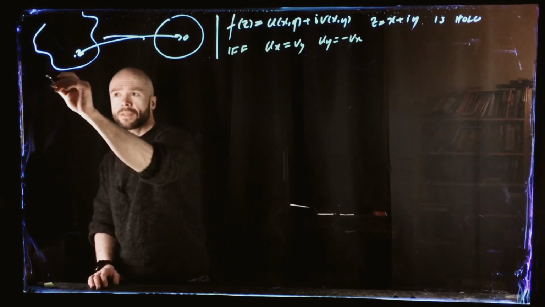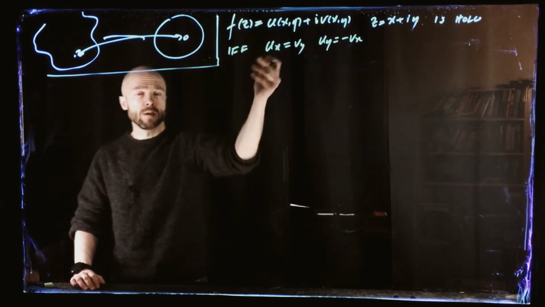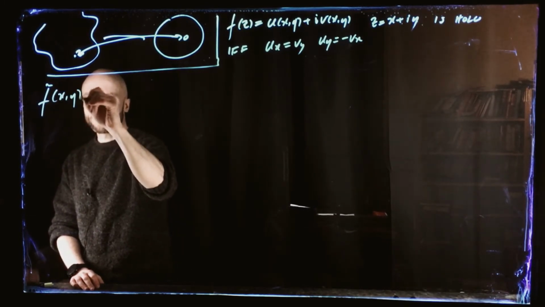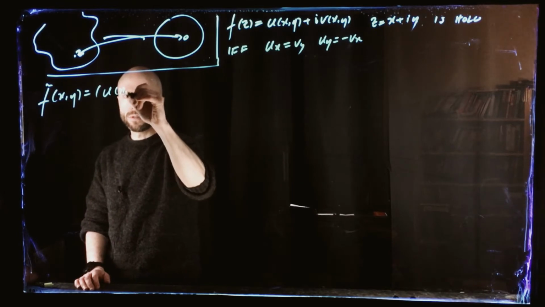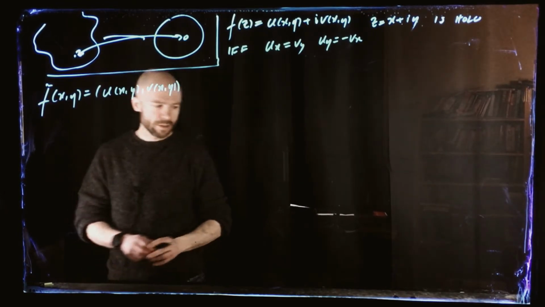In my complex analysis class, we did this all the time. We said, okay, let's identify this holomorphic mapping with a mapping from R2 to R2. So we define f tilde of x,y to be the function whose coordinates are u and then v, like this.